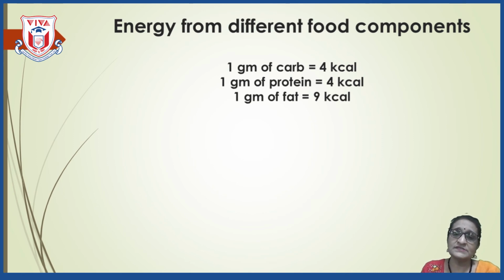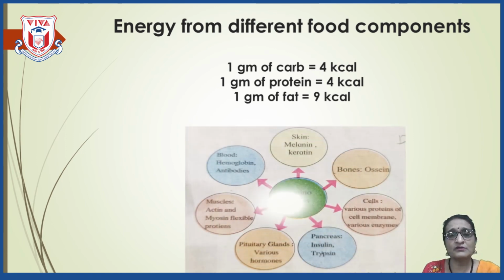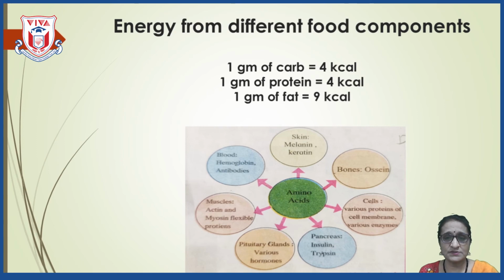Now here you will see that 1 gram of fat also gives us 9 kilocalories of energy, but inclusion of fats in a diet is limited, and that is why these fats are retained. They are used only for certain functions. Similarly with proteins, because lipids and proteins are spared for what?